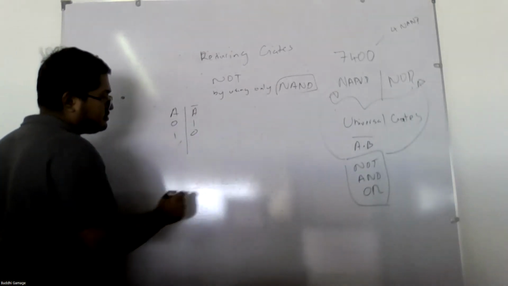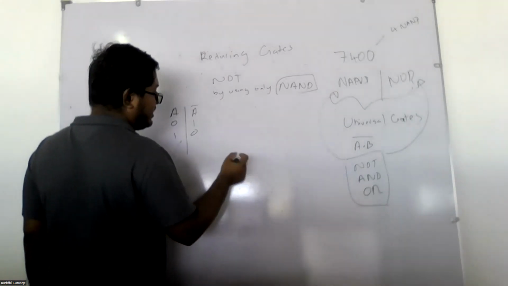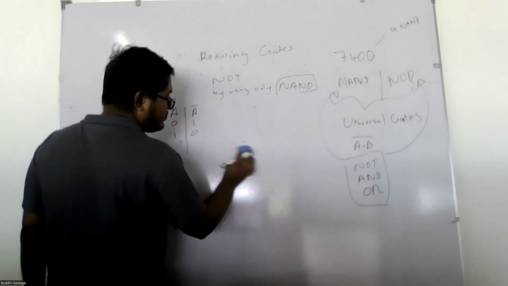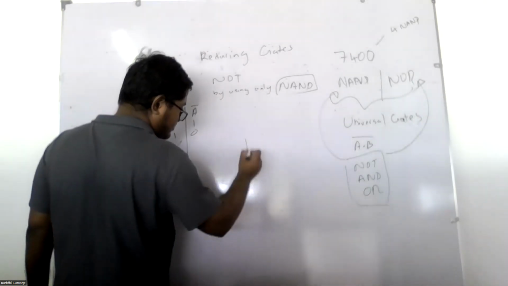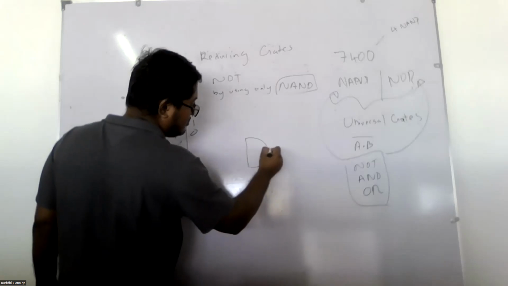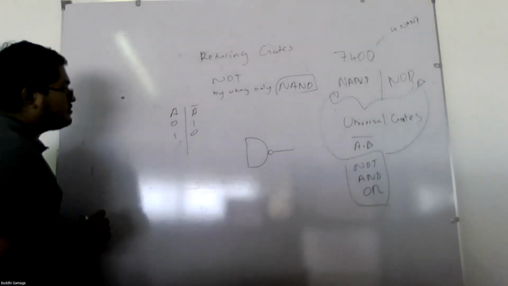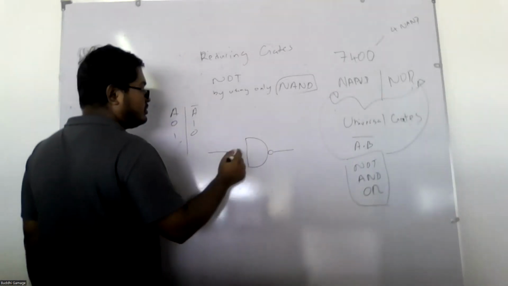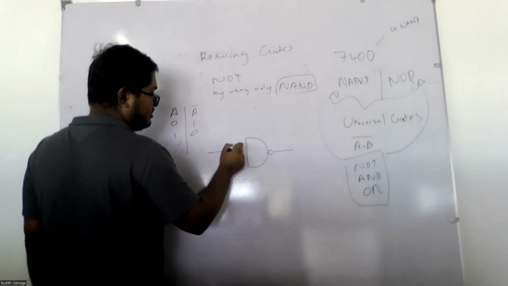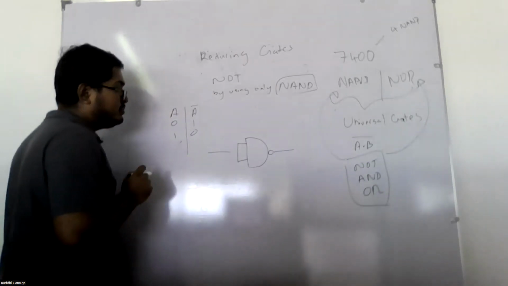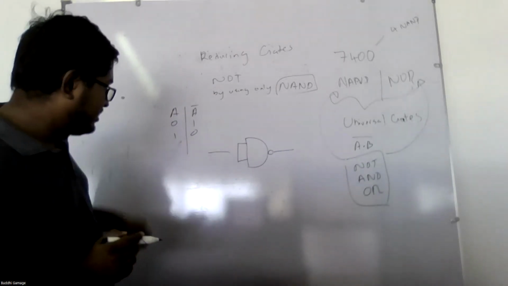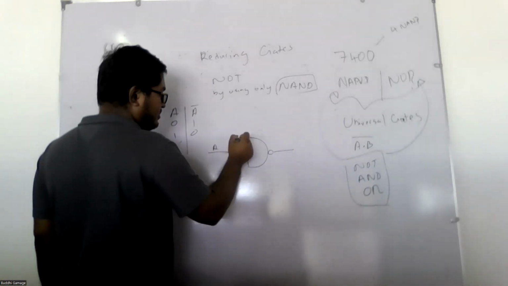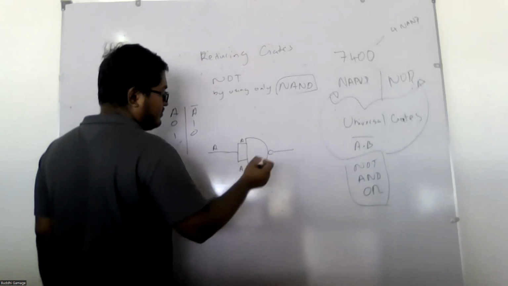Right? So the NAND gate should have only one input here, and usually we connect at least two inputs for NAND. So this is A, and here also A and A. So what is this?